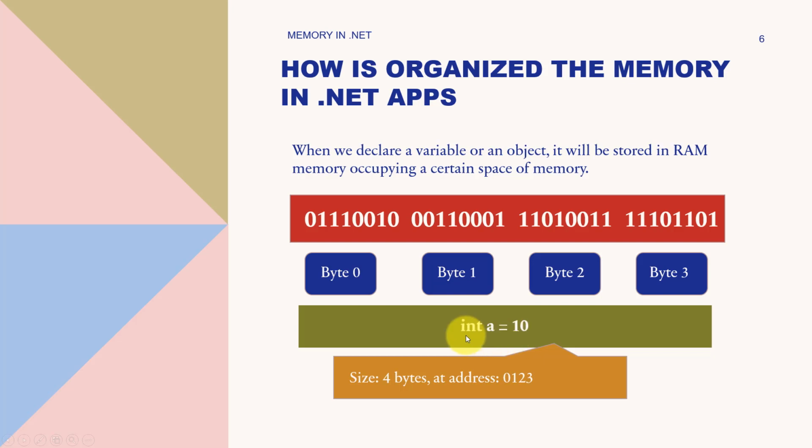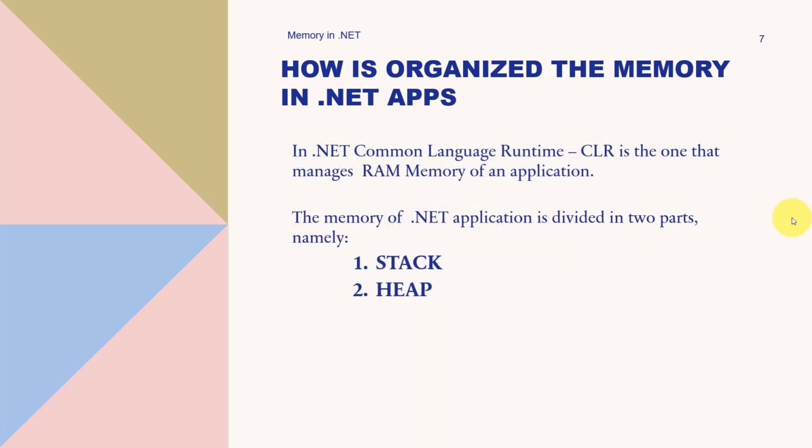This is just an example: it occupies 4 bytes, and the addresses are 0, 1, 2, 3. So this is an example to make a picture in your brain of how variables and objects are stored in RAM memory.